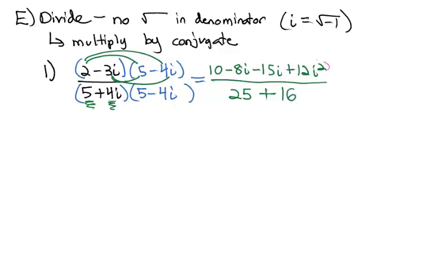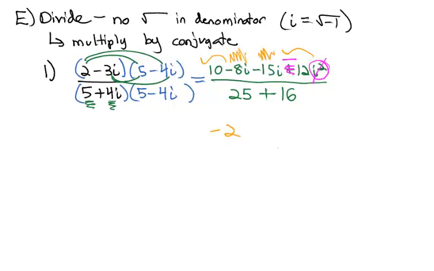Now again, i squared is negative 1. So I'm just going to fix right now. That negative 1 is going to change that plus into a minus. So now we can combine like terms. 10 minus 12 is negative 2.